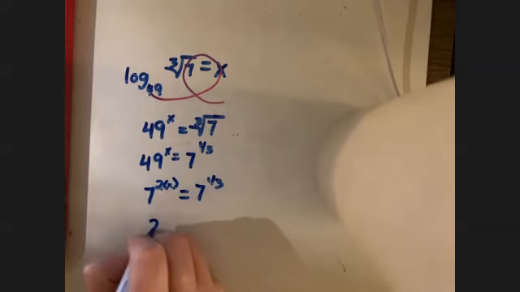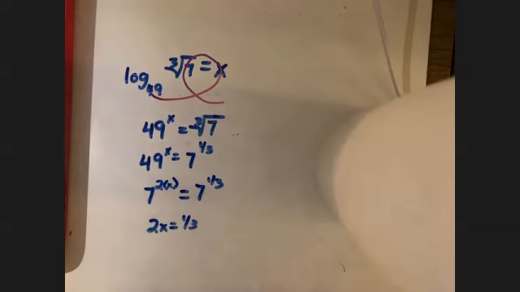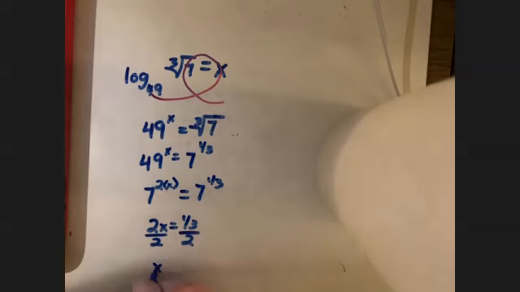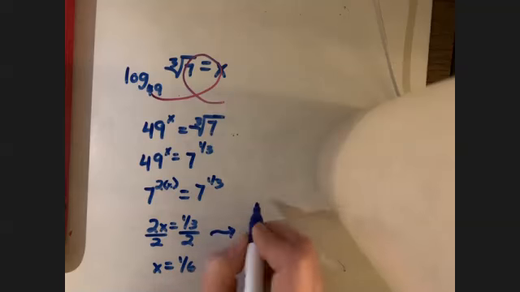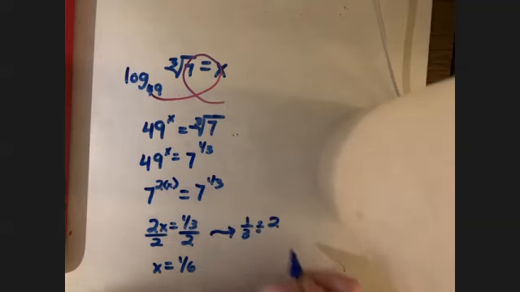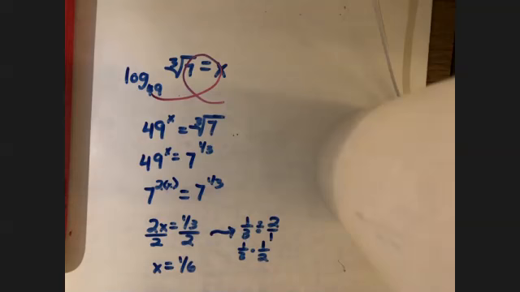The 7s can go away, so I have 2x equals 1/3. Okay, I am going to divide by 2. And that is going to be 1/6. Now, if you're wondering how I did that, 1/3 divided by 2, I am going to make that into a fraction, which is now 1/3 times 1/2. Okay, just so there's no confusion over how we did that.